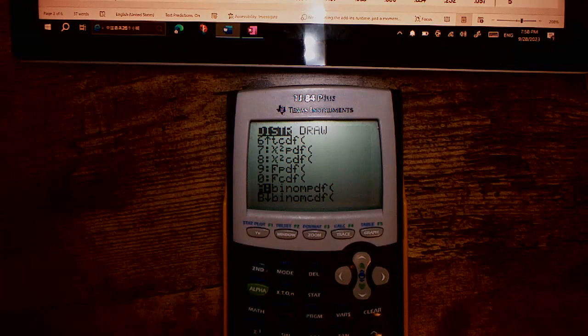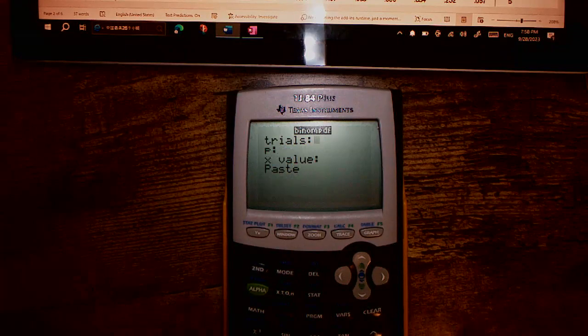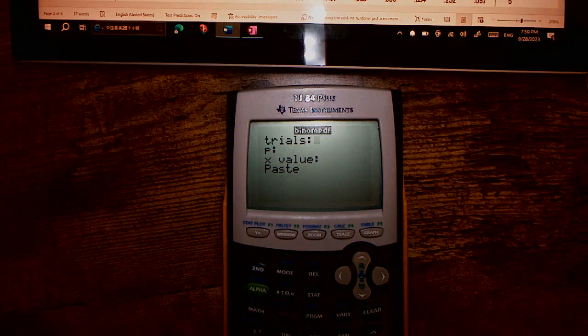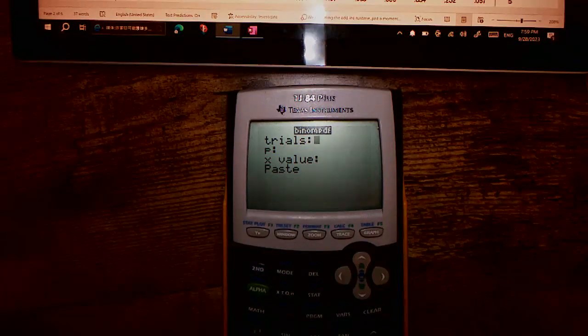Remember what we are looking for in our question? You did not get any question right. You have 6 questions, you guess, and the probability of success is 0.2. We are looking for the probability of X equals 0. Among the 6 trials, you have no success.